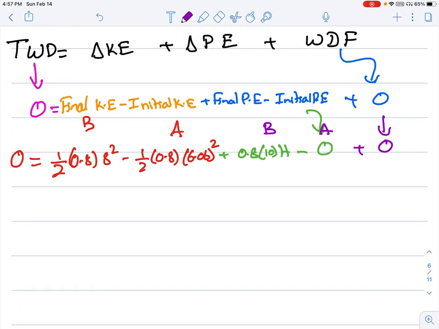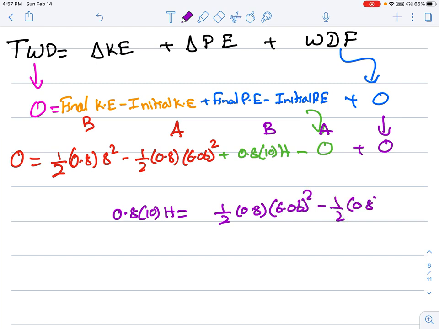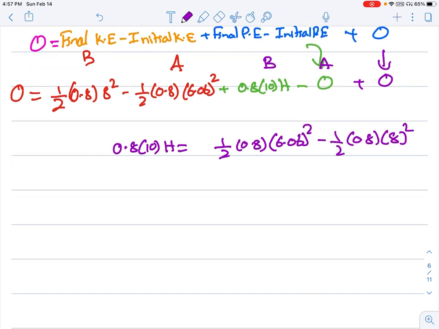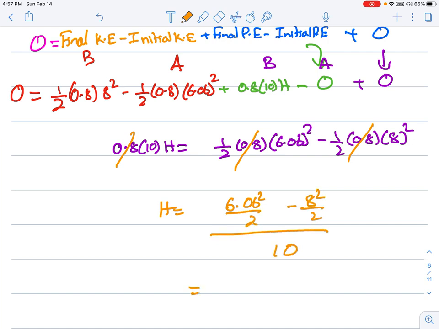So from there, I get 0.8 times 10 times h is equal to 1 upon 2 times 0.8 times 6.06 whole square minus 1 upon 2 times 0.8 times 8 square. So I can cancel out the 0.8. So h is equal to (6.06 whole square by 2 minus 8 squared by 2) divided by 10.